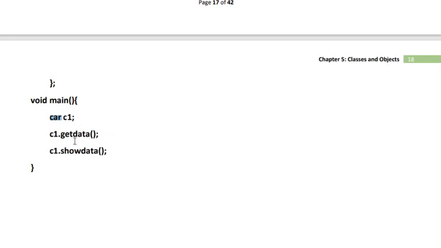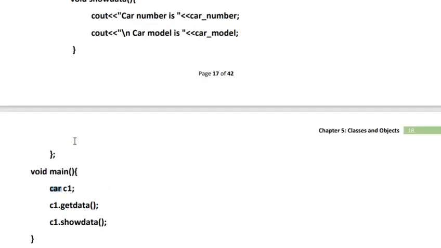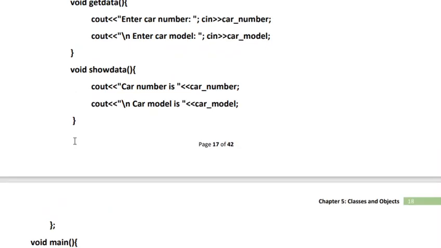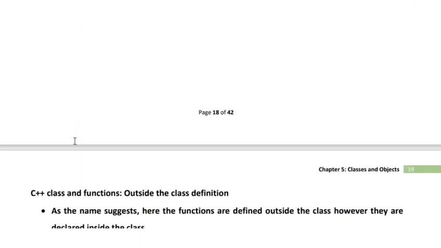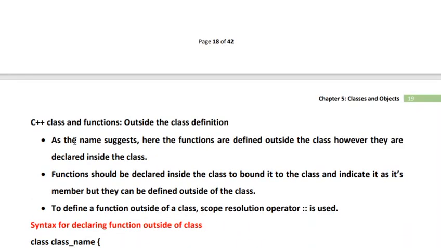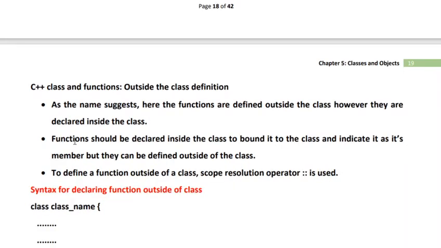So getdata and showdata will read the attributes of object c1 and display them. This is a very simple C++ program that shows how we can define the function inside the class definition.